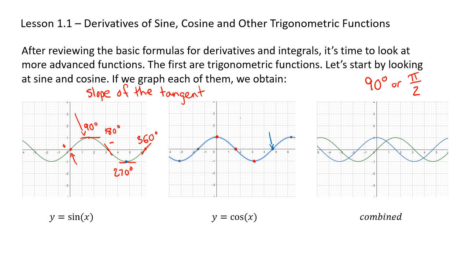So what this shows is that the values you obtain on the cosine graph are the same as the slope values you're obtaining on your sine graph. So what this actually means is the derivative of sine is actually cosine.